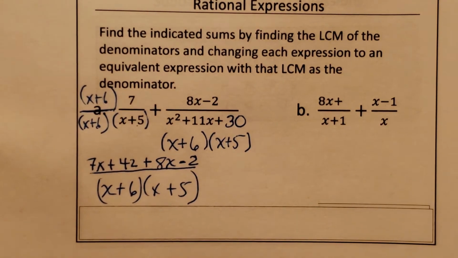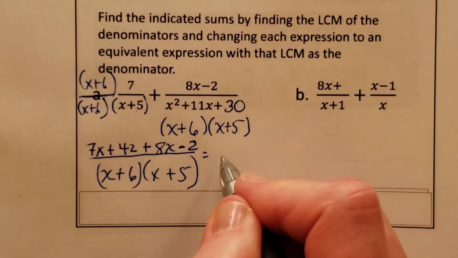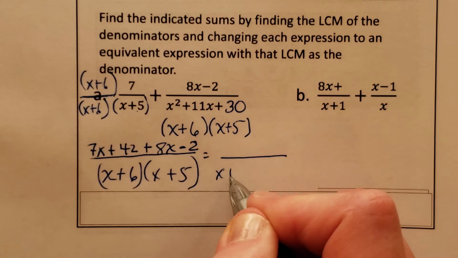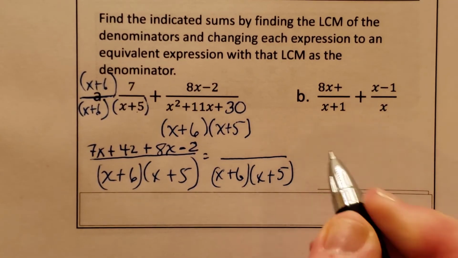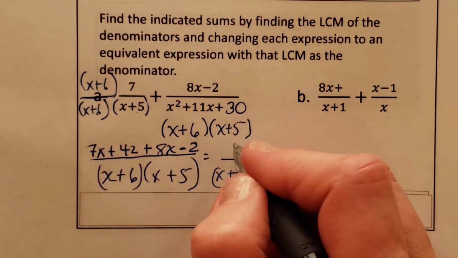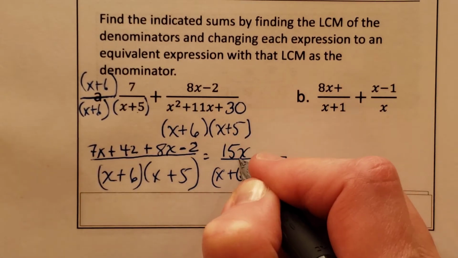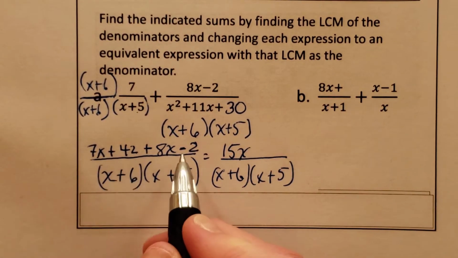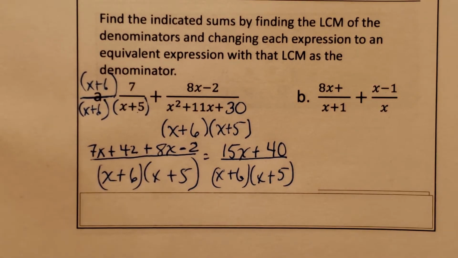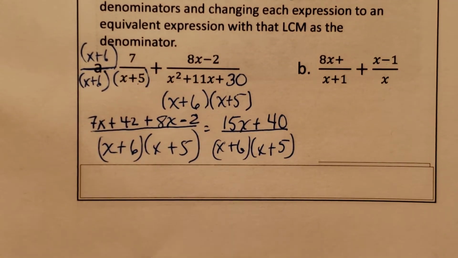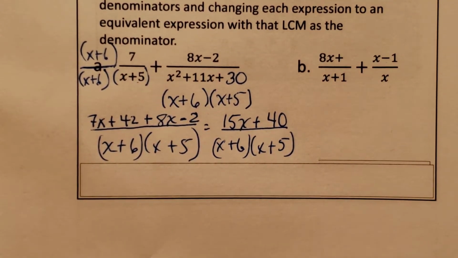Now I'm going to combine like terms. My denominator stays the same. 7x plus 8x is 15x. Positive 42 combined with negative 2 is 40. Now I want to see, can I factor something out that's going to let me simplify the expression?